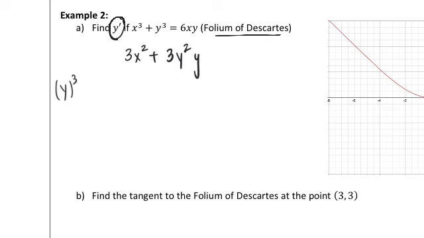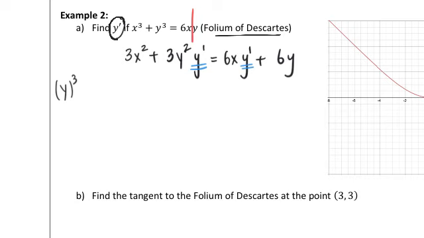So 3y squared y prime is equal to, now here I have a product, right? So I'll do 6x times the derivative of y plus y times the derivative of 6x, which is 6, using the product rule.